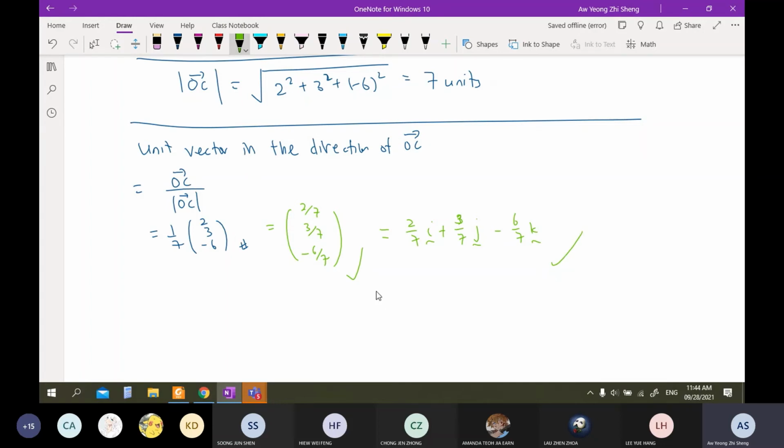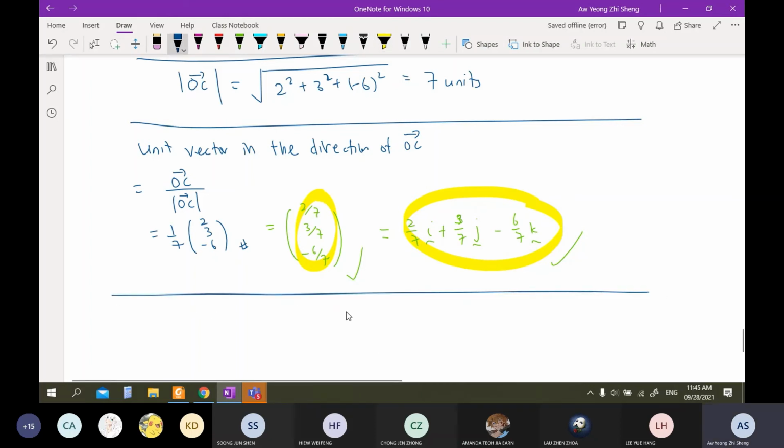But since the question doesn't say, so either in vertical bracket form or IJK form, they are equally good. Because this and this, they are actually the same information presented in different formats only. It's the same information. Yeah, so that's it for part 1. Now we move to part 2.